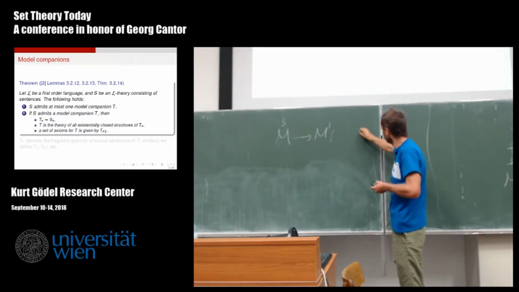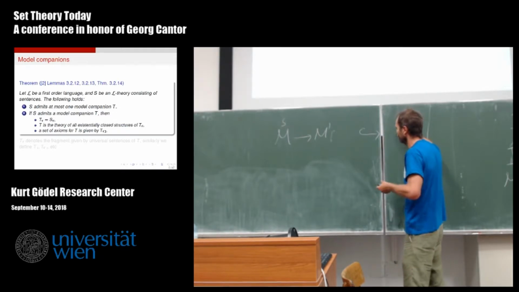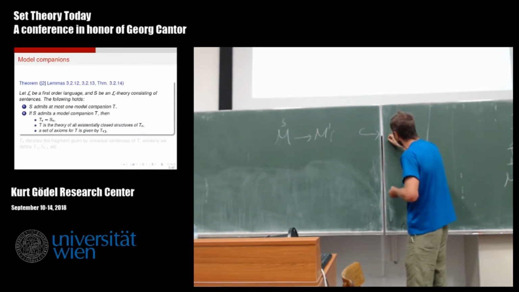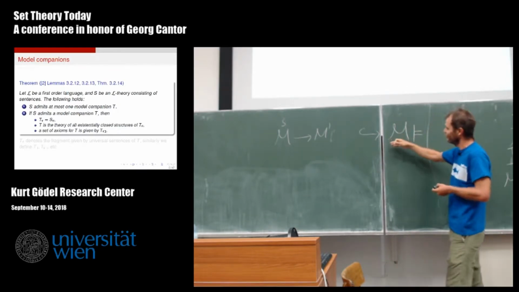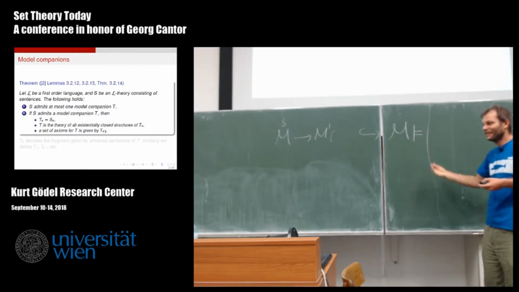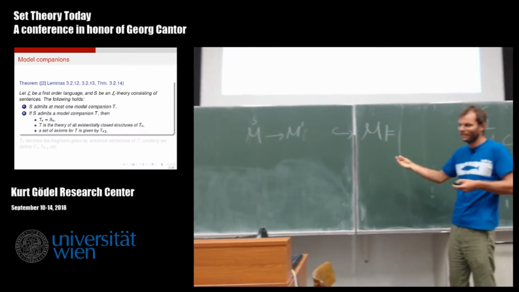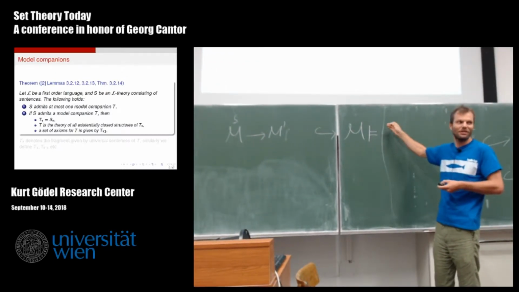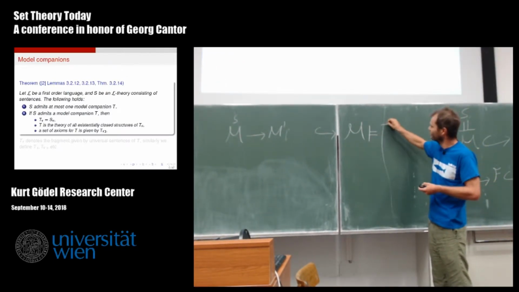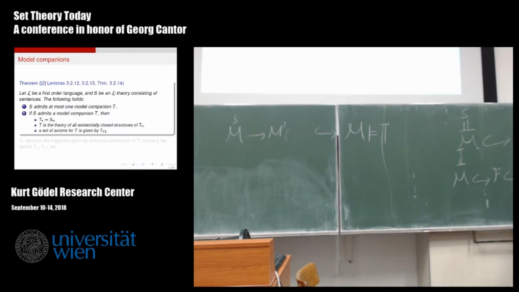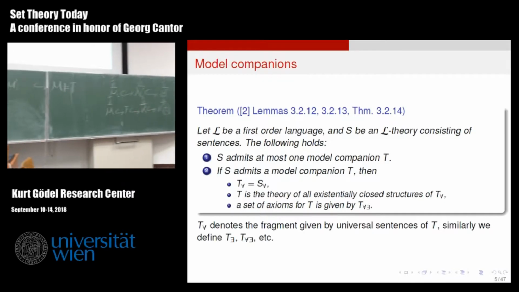You continue, and at limit stages, you take the direct limit. You continue, and in the end, you will end up with a model M such that for all x, if you take an existential formula with parameter x, there is a solution, and you get your model of T. Okay? The for-all-exists fragment of T will be also its set of axioms.